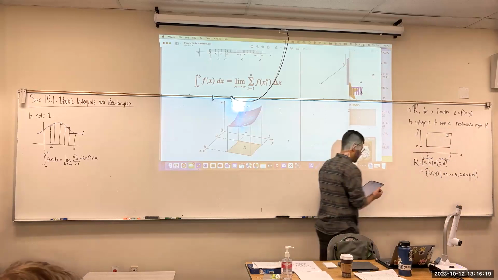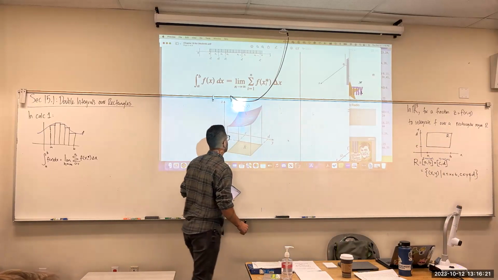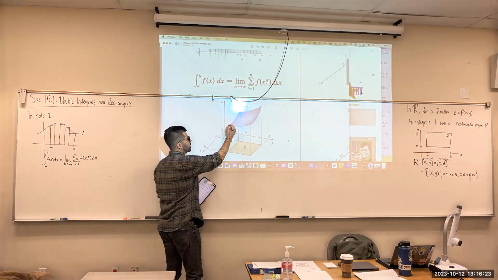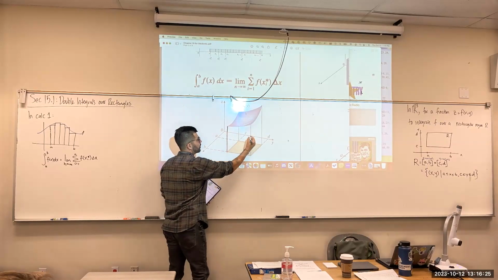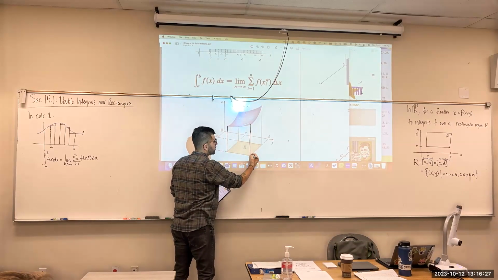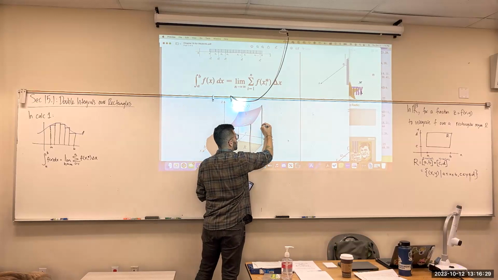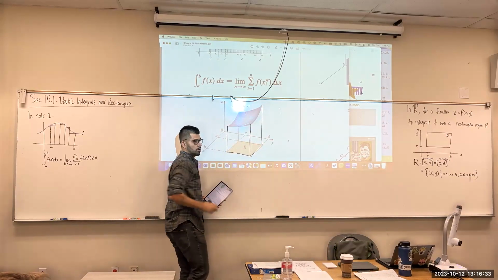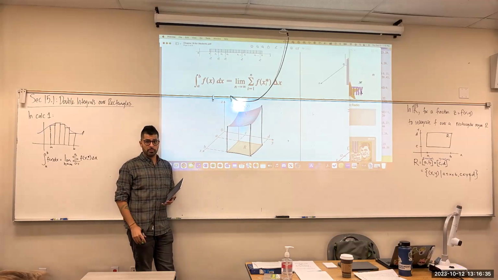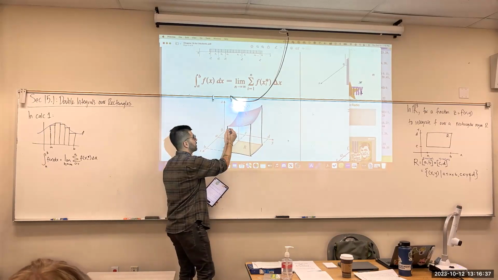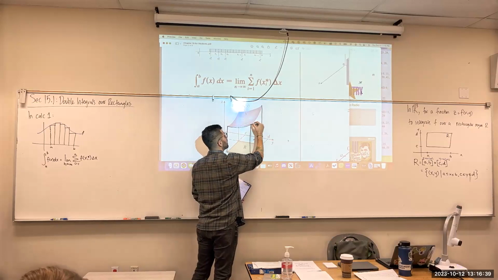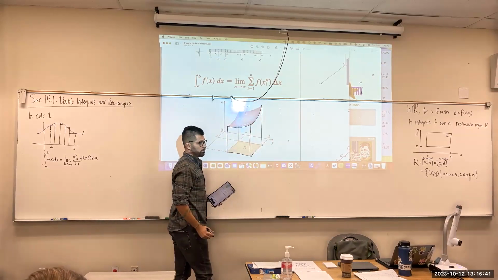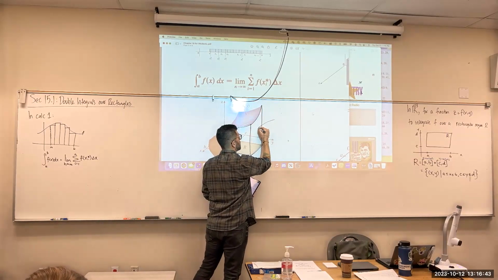All right, so what's the goal? What are we trying to find? Well, this is our goal, guys. We're going to want to find the volume between the surface of your function and the region R directly below it. So we're going to want to find the volume of that solid that's between this surface and this region here. Okay? What is this space?